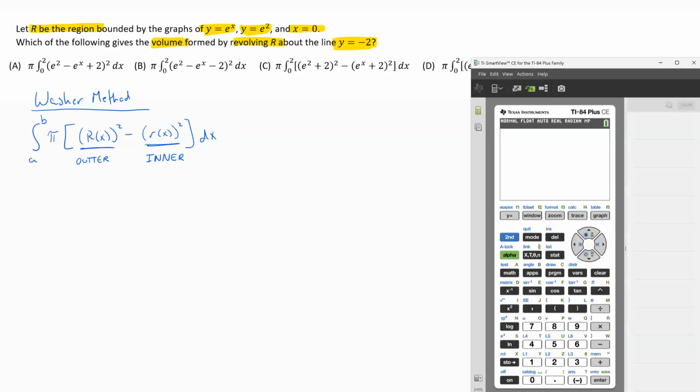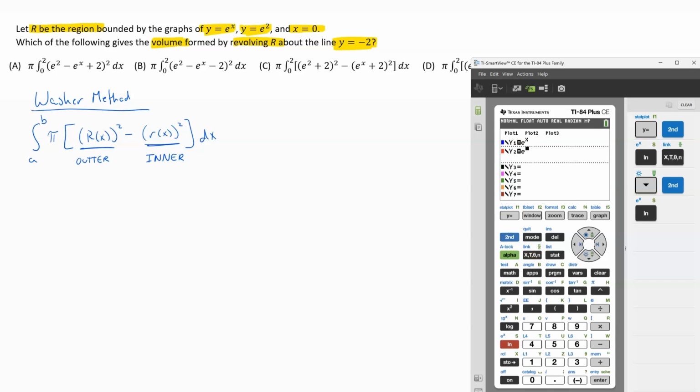I'm going to open up my calculator, go to my y equals, and graph what they told me: e to the x, and then e squared. The first graph is e to the x, and the second graph, the red graph, is e squared.